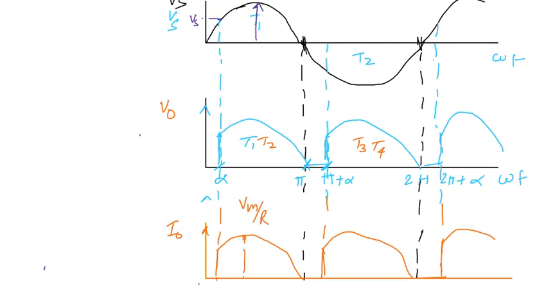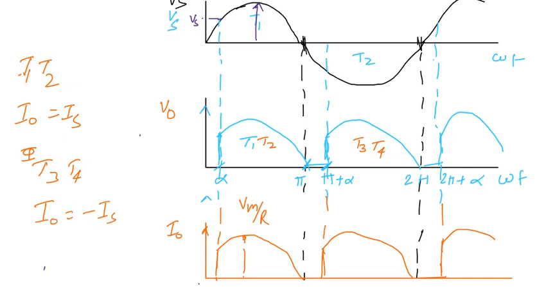Next, let us draw the source current. What will happen to the source current? I have already told you that when T1 and T2 conduct, I naught will be Is, but when T3 and T4 conduct, I naught will be minus Is.